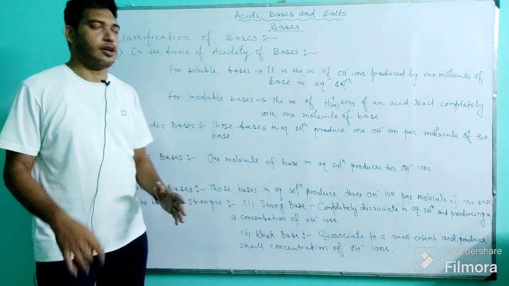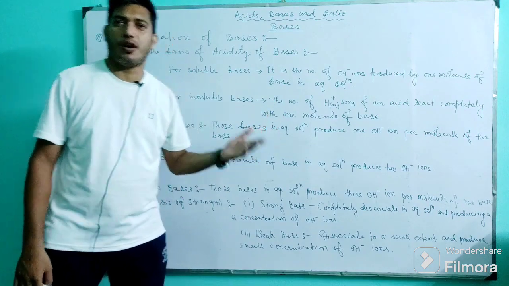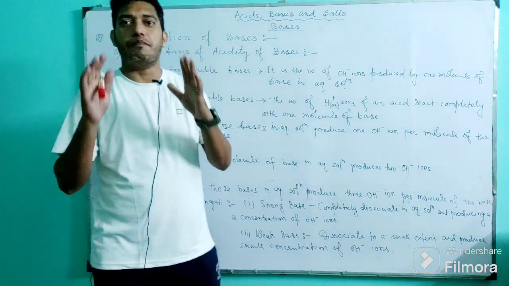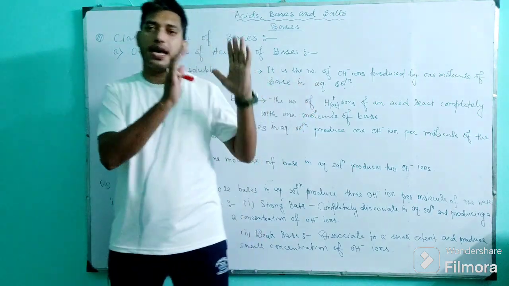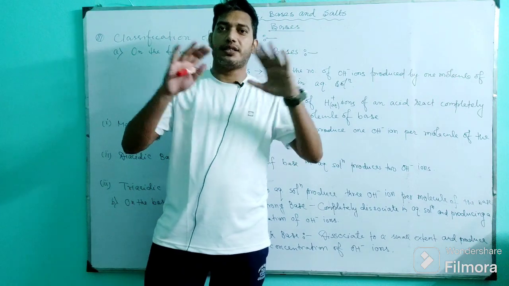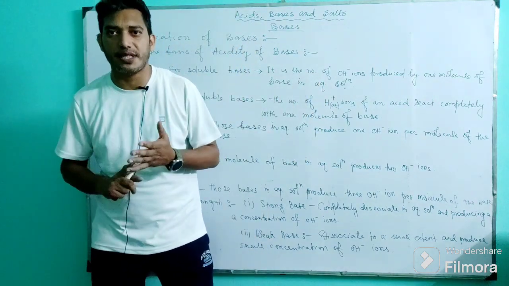Now the classification of bases. There are several types of bases on the basis of acidity of the base, just like the basicity of acid, as we have already discussed in the last video. There are three types of acid: monobasic acid, dibasic acid and tribasic acid.